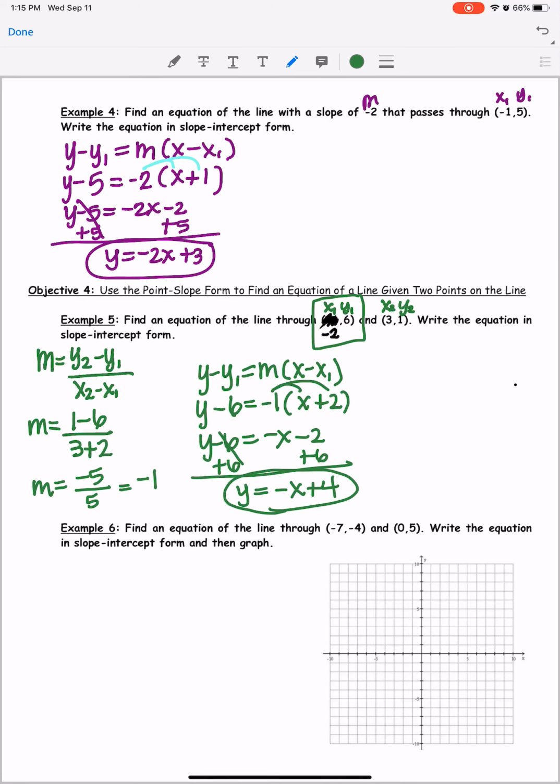Now I wouldn't do this in class because I know it's boring, but I just want to prove a point that if I was to choose this point instead, I am still going to get to this answer here. So if I'm using this point with still the same slope, when I plug this into my y minus y1 equals m times x minus x1, we get y minus y1, well, my y1 is 1, equals my slope of -1, and then x minus x1, which is my x2, so -3.